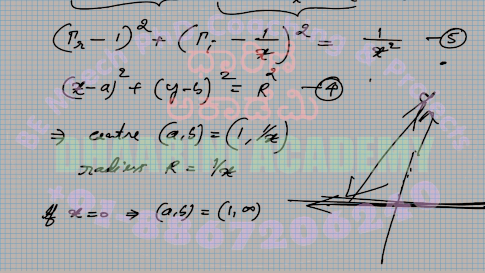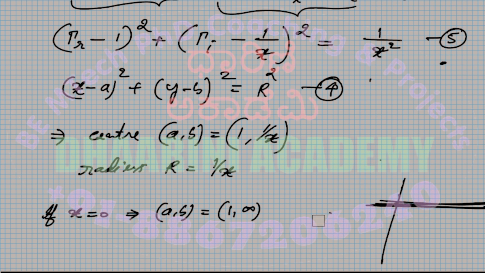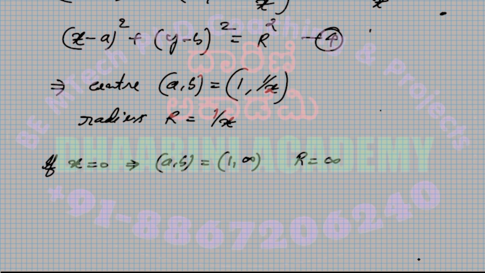I'll bring a diagram later just to understand. So this is the case and the radius is equal to infinity. That's the first thing. Now let's consider, say, x is equal to infinity. What is the center?